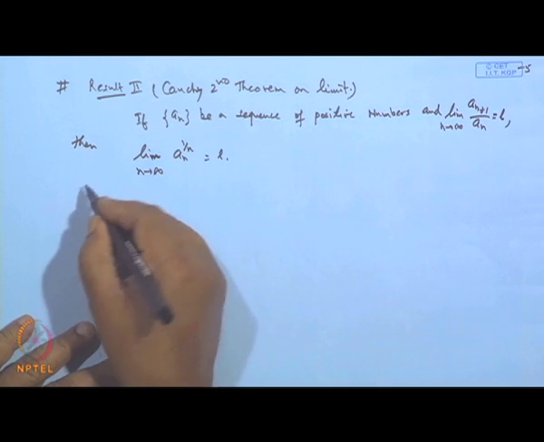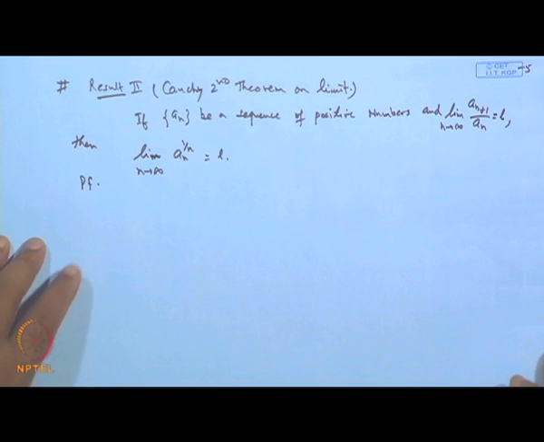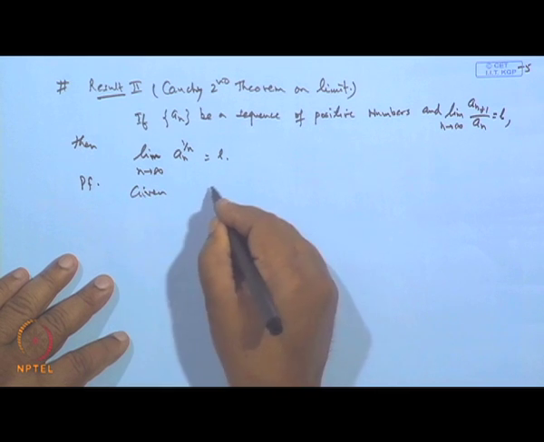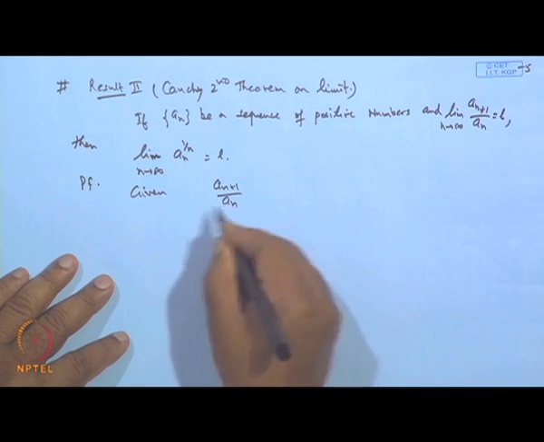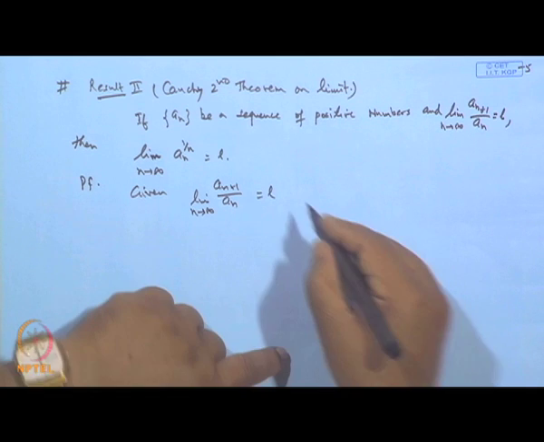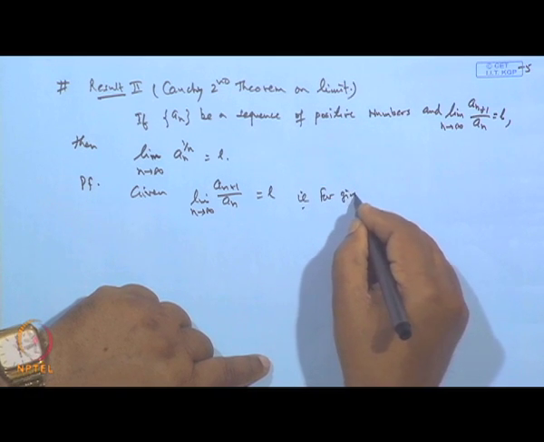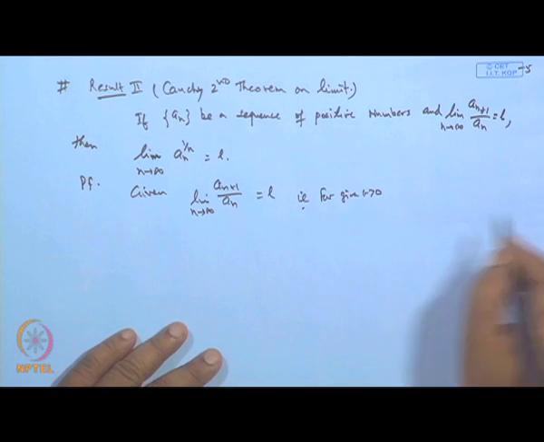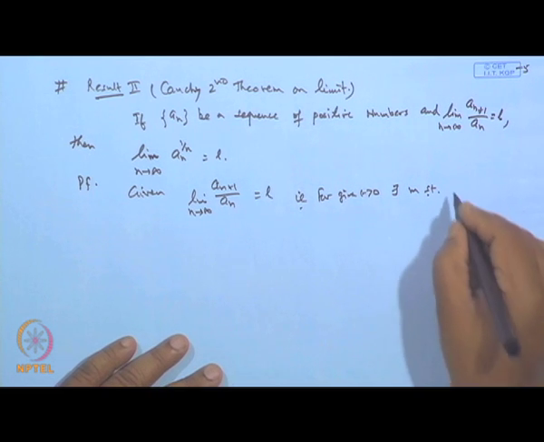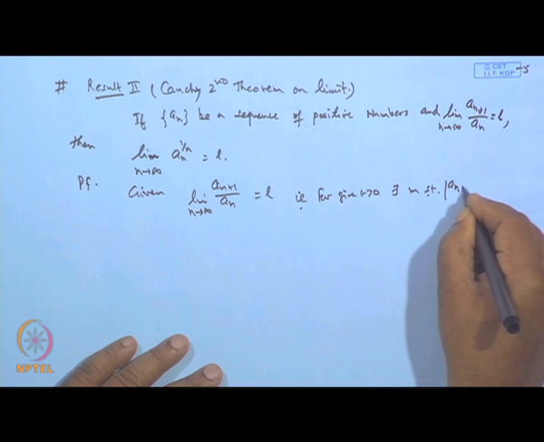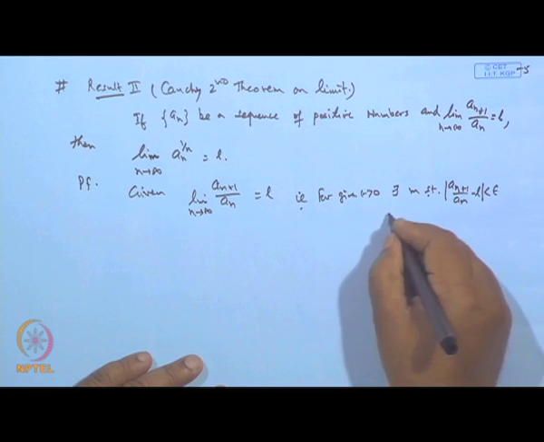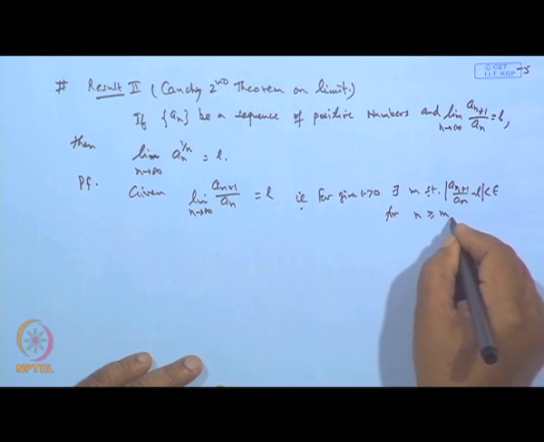So, let us see the proof of this. What is given is that the limit of a n plus 1 over a n as n tends to infinity is L. It means that for given epsilon greater than 0, there exists say m such that mod of a n plus 1 over a n minus L is less than epsilon for all n greater than or equal to m.